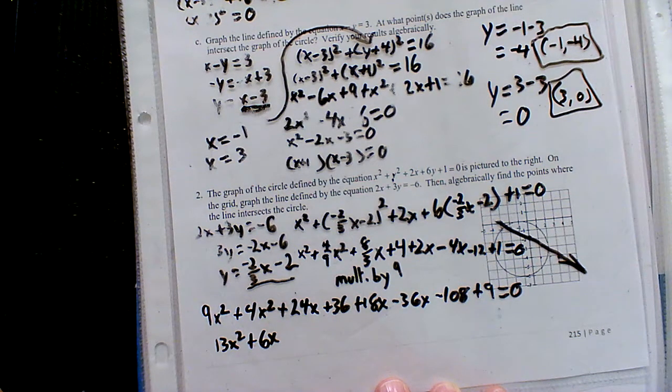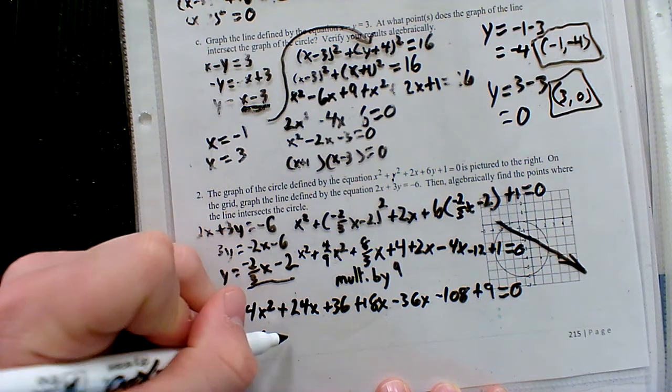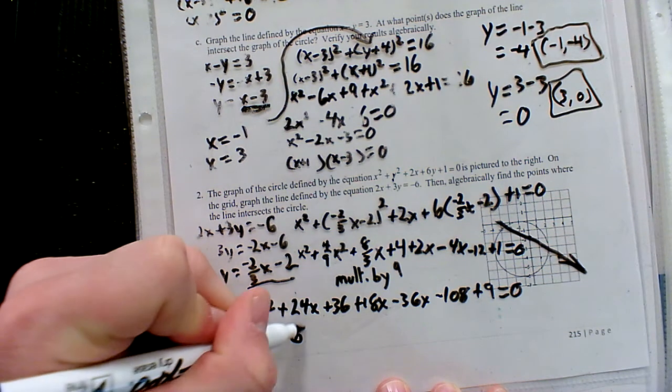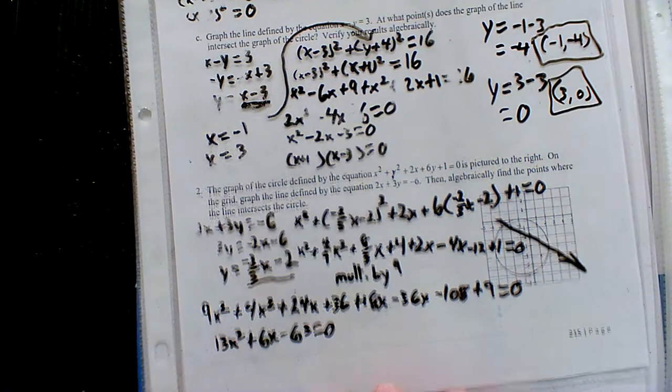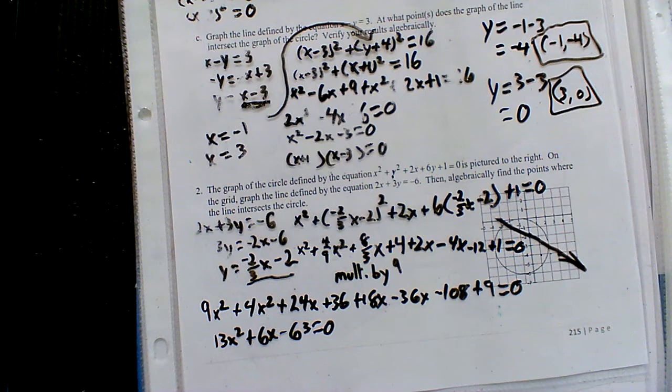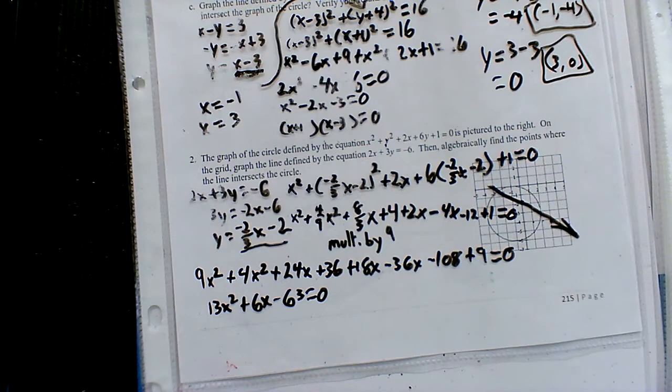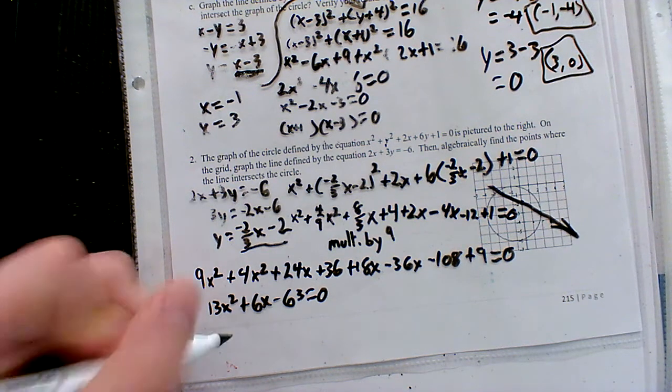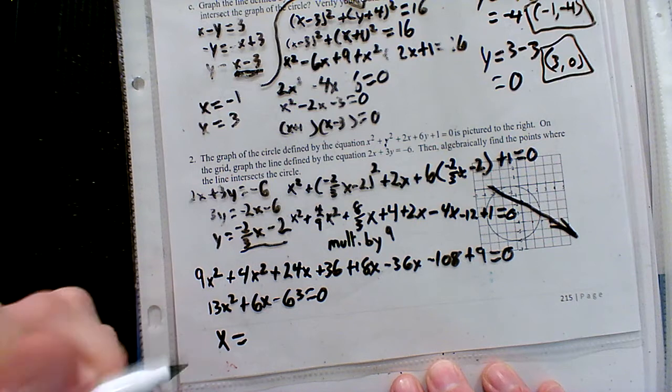And if you simplify your negative 108 with the plus 9 and the plus 36, you get negative 63. Does this look like it's going to factor? Probably not.